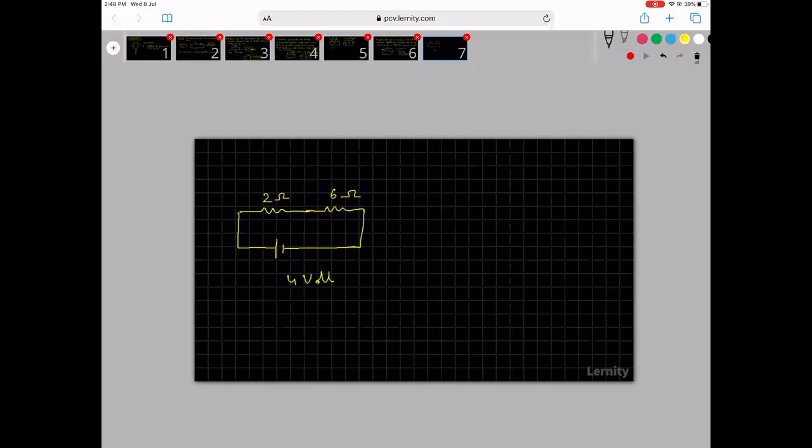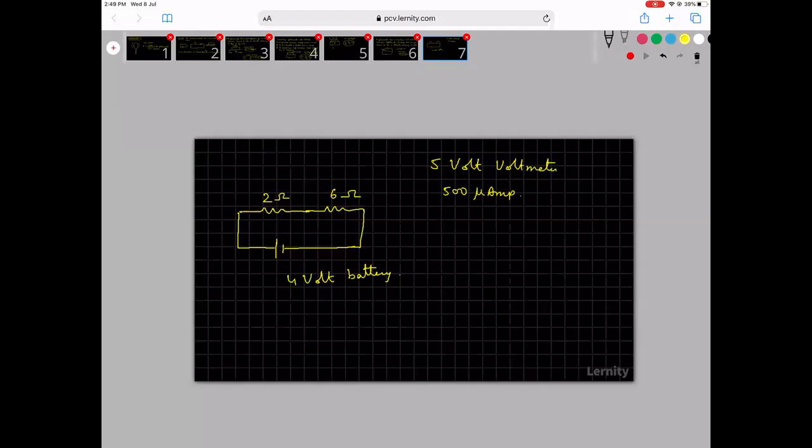Then suppose you are using a voltmeter, let us say a 5-volt voltmeter. Let us say it shows maximum deflection for 500 microamperes.